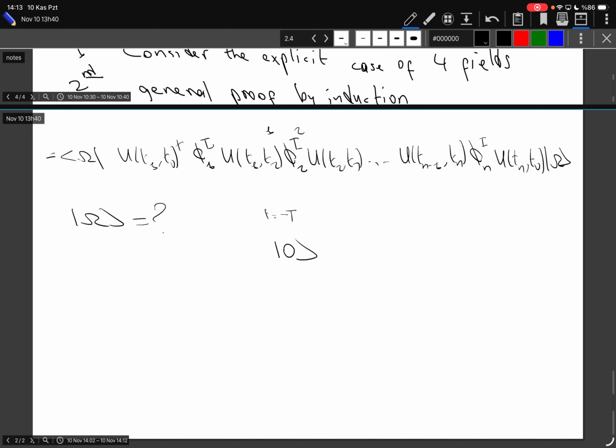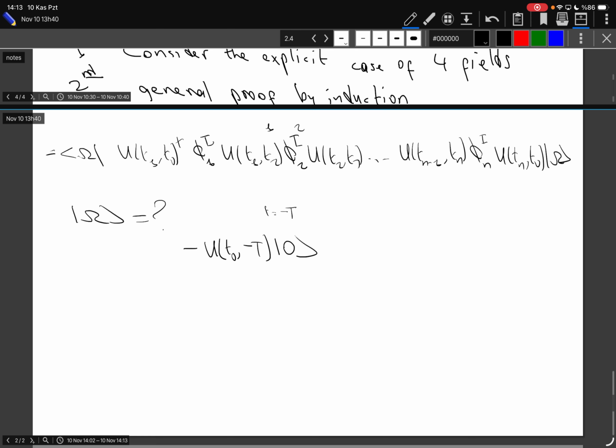So let me evolve this, again keeping in mind that I'm assuming I'm turning on the potential very slowly, adiabatically. If I evolve this from minus T up to t0, let's say I turn on the potential fully much before this t0. Well, that would just tell me that this is the new ground state.